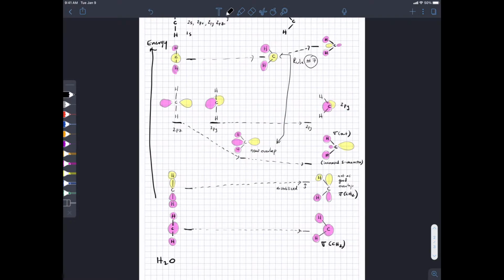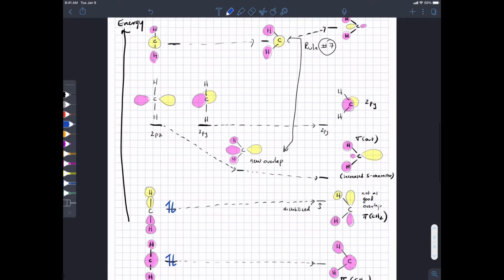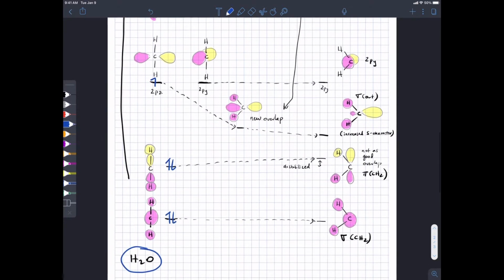Water has 8 valence electrons, so we'll use the color blue for water. And let's ask, should water be linear or should water be bent? So 1, 2, 3, 4. What did I miss? It's 8. Okay, sorry.